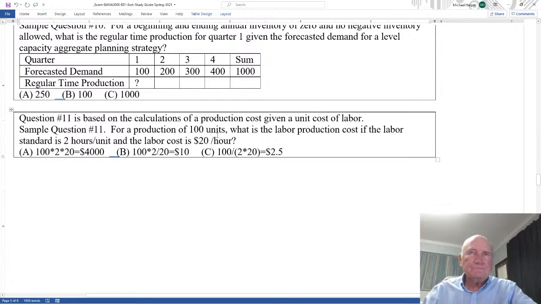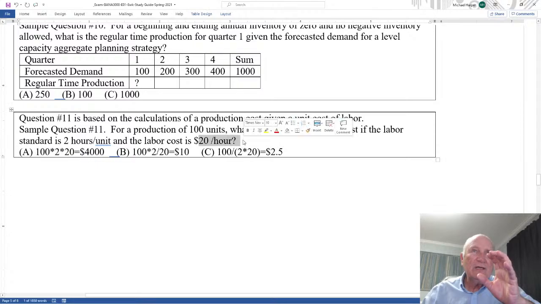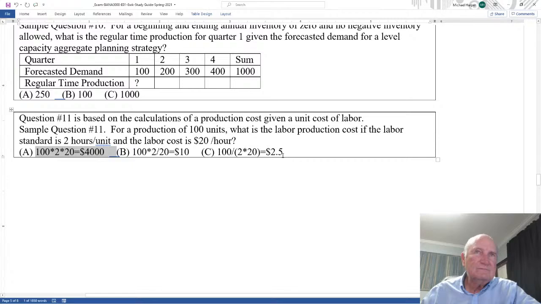Well, we have 100 units times 2 hours per unit. 100 times 2 is how many hours there are, times 20 is how many dollars there are. So you just multiply all three of them together. 100 units times 2 hours is how many hours? $20 per hour is how many dollars? And that's the labor production cost.